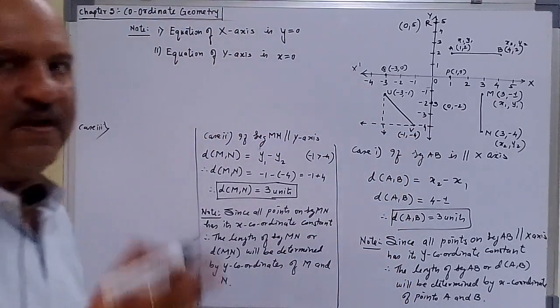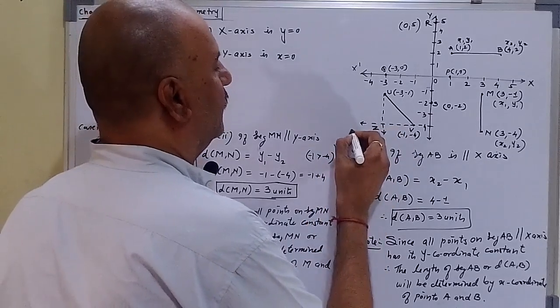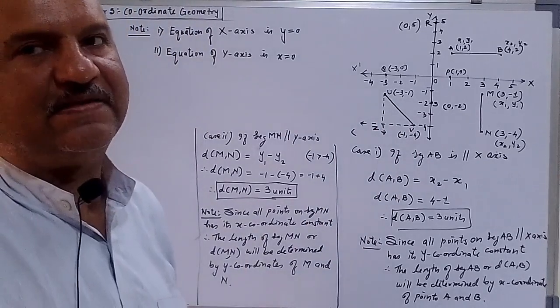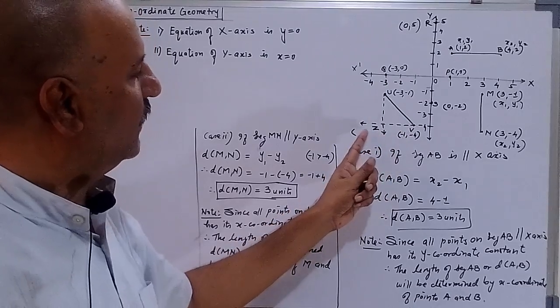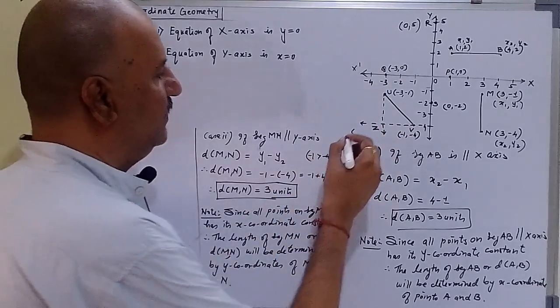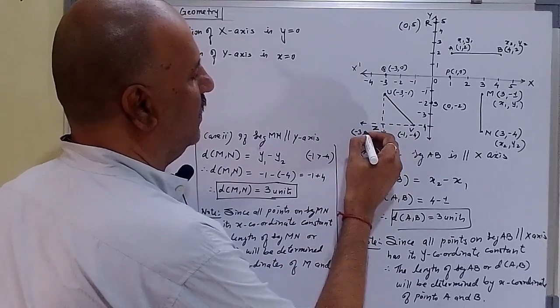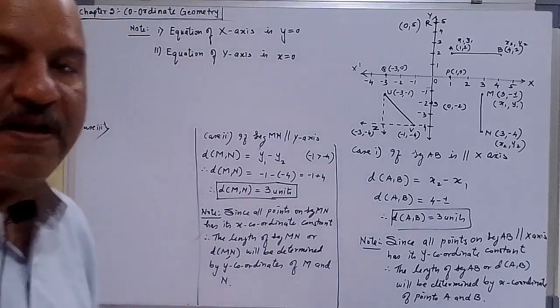Suppose it intersects in point Z. तो Z के कोऑर्डिनेट्स क्या होंगे? ध्यान से देखो, Z के कोऑर्डिनेट्स होंगे, ये है -3 और ये है आपका -4.